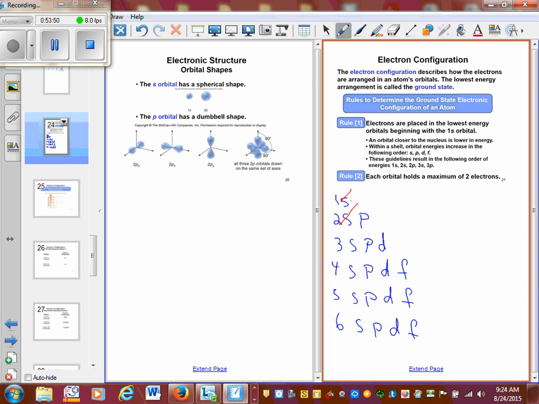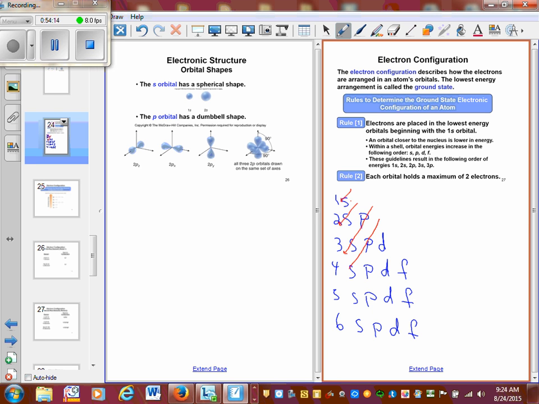So I come back up to the top, I go through the 2p. It goes through the 2p and the 3s. And it misses everything. I have to come back up to here and go through the 3p. Then I go through the 4s. It misses everything.